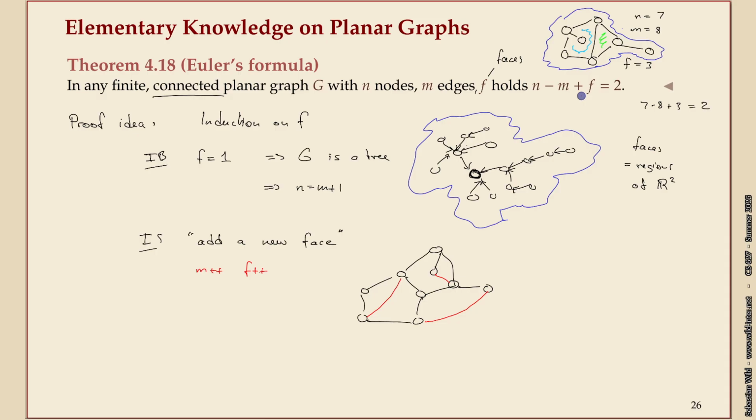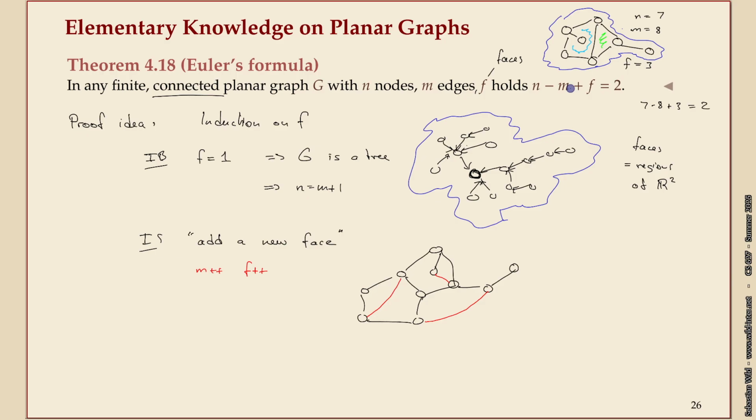And you can think about what else can you do to a graph to grow it? Well, you can add vertices. If they're isolated or just connected somewhere, then they don't add a face. So if I'm adding a vertex here, something like this, I'm making n bigger, but also m bigger.